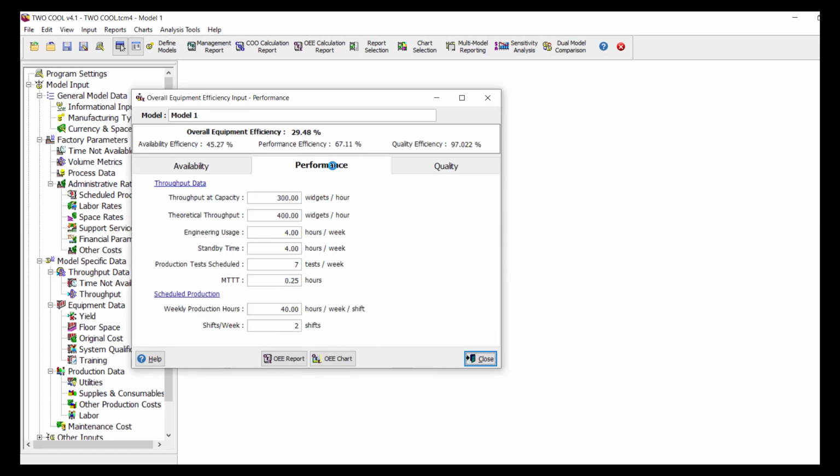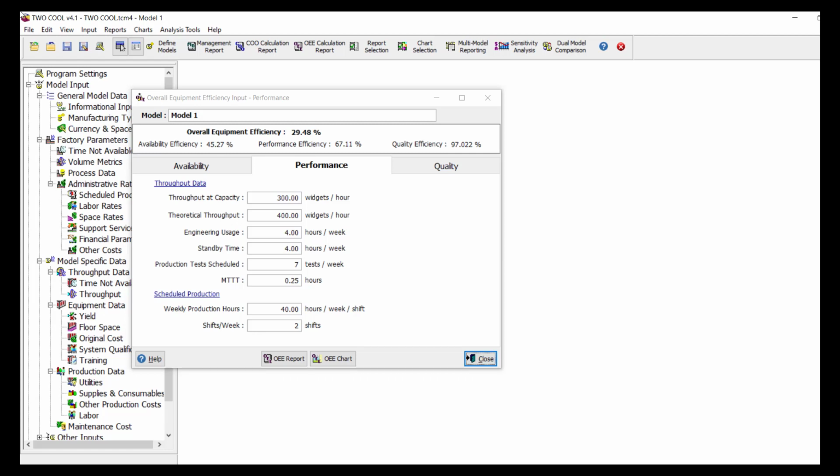The Performance Inputs tab provides access to throughput at capacity, theoretical throughput, engineering usage, standby time, production test scheduled, mean time to test, weekly production hours, and shifts per week. The theoretical throughput input is the only input that is unique to overall equipment efficiency and is not used by cost of ownership.